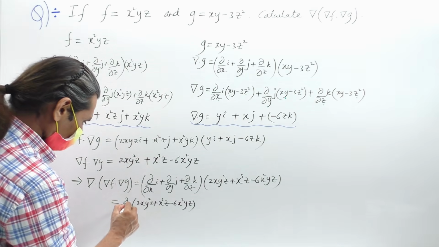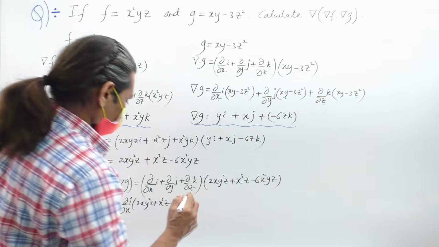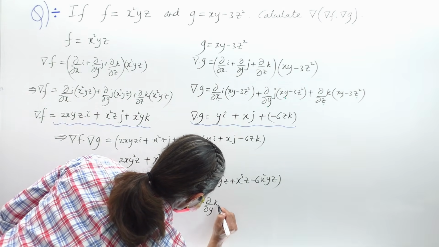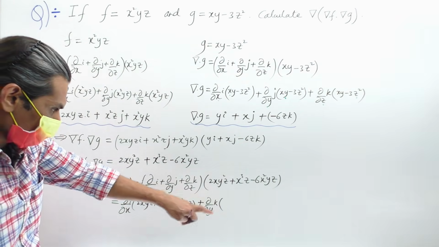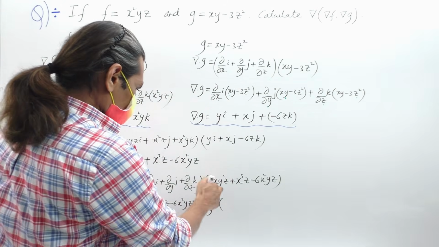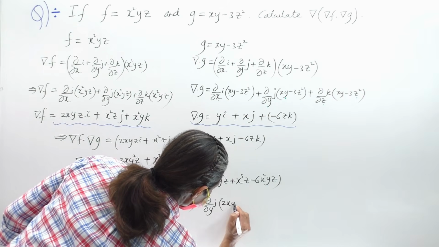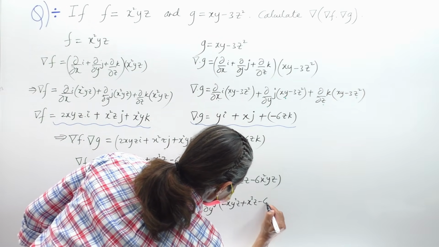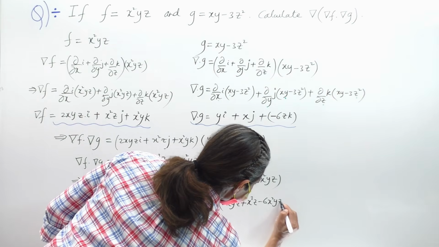Okay, ∂/∂x of i into, similarly plus ∂/∂y of j into 2xy²z + x³z − 6x²yz.